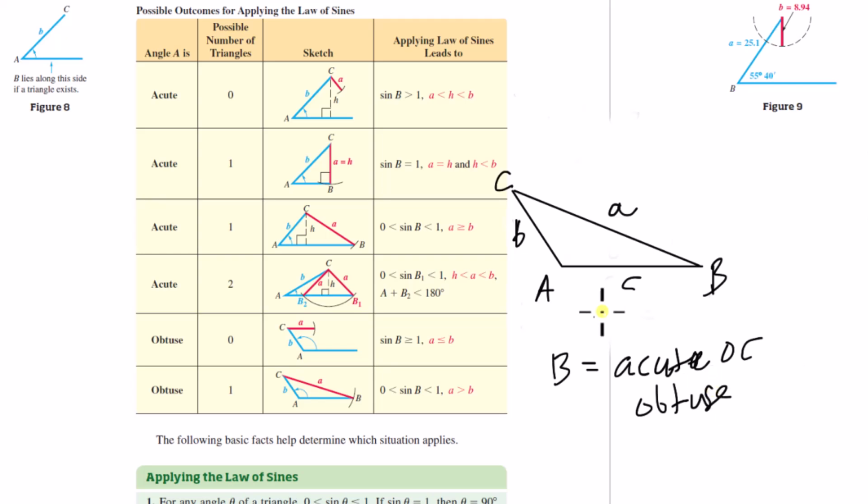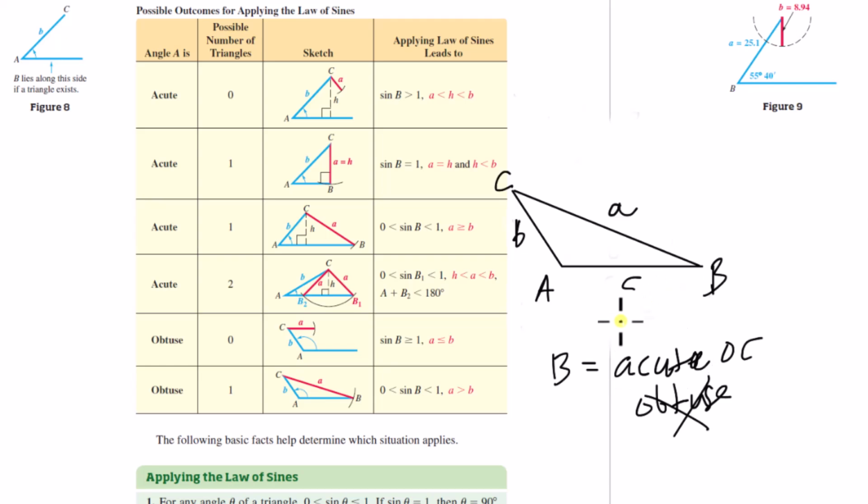But this is really clear to see. Angle A is obtuse. It's not possible to have two obtuse angles in a triangle, so B can't be the obtuse angle. And so there's your one unique triangle with B being the acute angle.